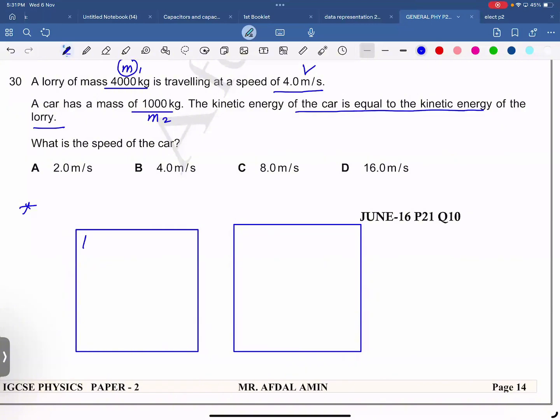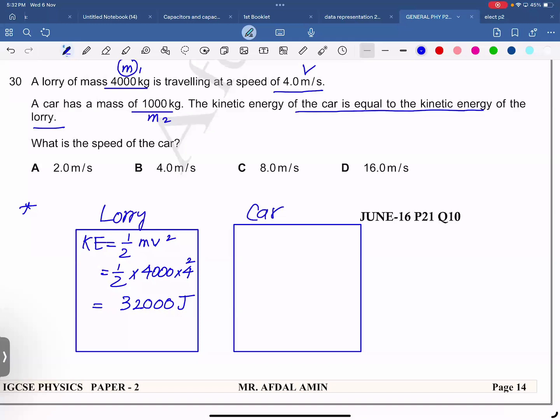For a lorry, kinetic energy formula is what? Half mv square. So half, calculate 4,000 times 4 square. 32,000 joules is the kinetic energy of lorry.